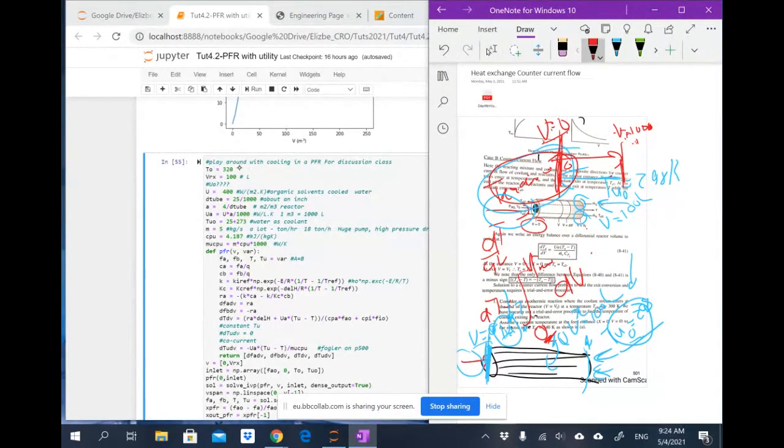But I do not know the temperature of my utility. So I have to give a temperature, because my integration boundary starting at 0 and going to the volume of my reactor wants a utility temperature at the point where the volume of my reactor is 0. It wants a temperature there, but I don't know that temperature. So I'm going to have to guess that temperature.